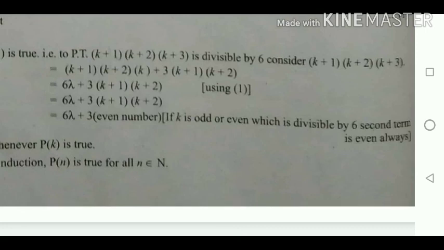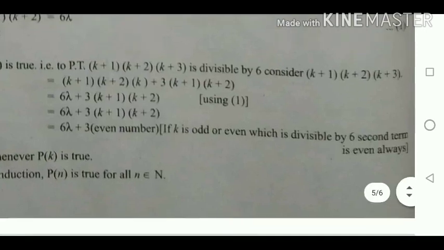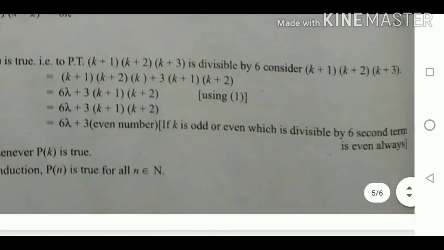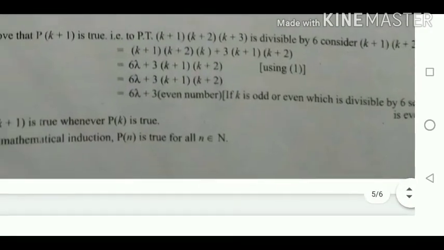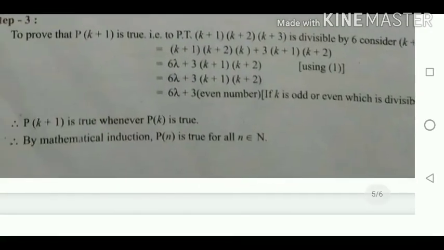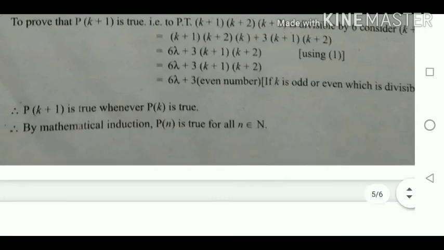We are getting 6 lambda plus 3 into k plus 1 into k plus 2, that is, we are getting an even number. So if k is odd or even, the second term is divisible by 6. Okay. So P of k plus 1 is true whenever P of k is true by mathematical induction.